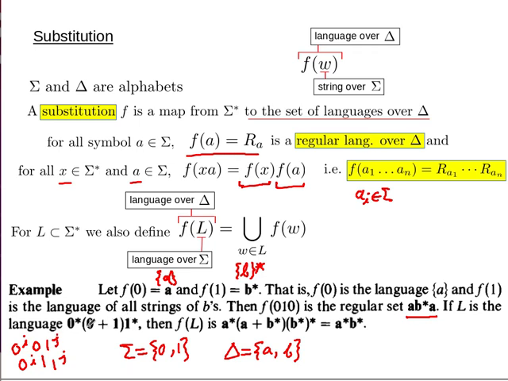Now you are replacing 0 with A, right, and you are replacing 1 with B star, right. So if you do that, it's just replacing these regular expressions, this 0 and 1, by the corresponding regular expressions here and here, right. So each symbol here is being replaced by some language. This language is given by these regular expressions.